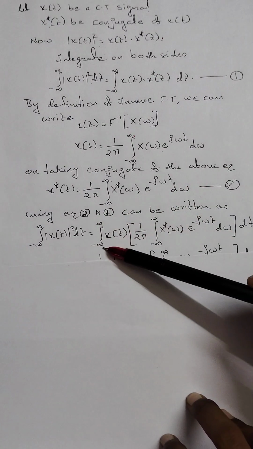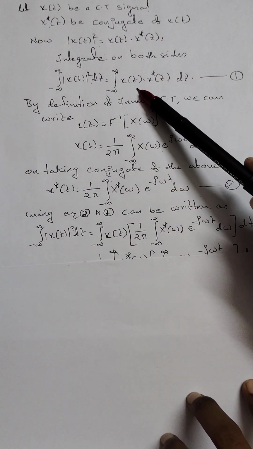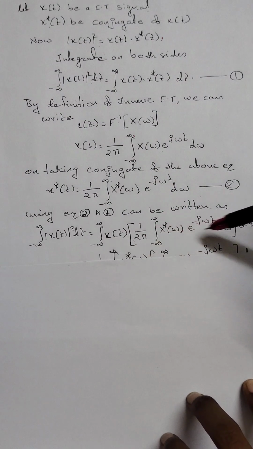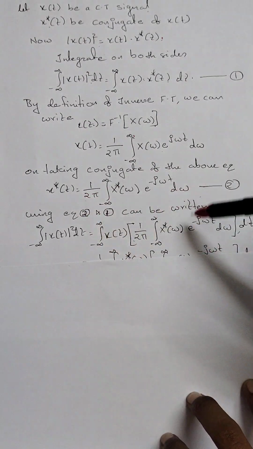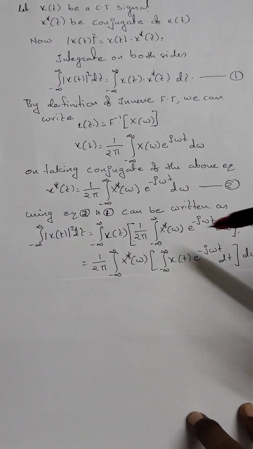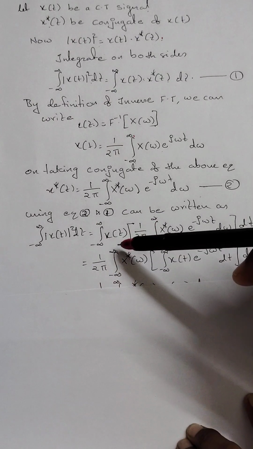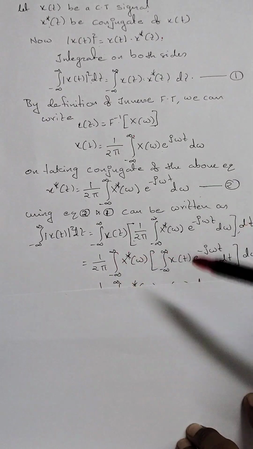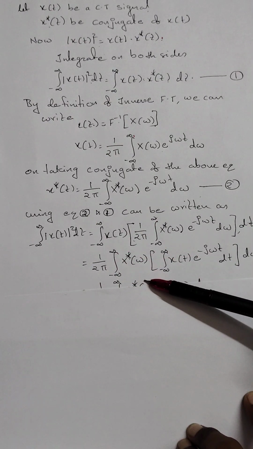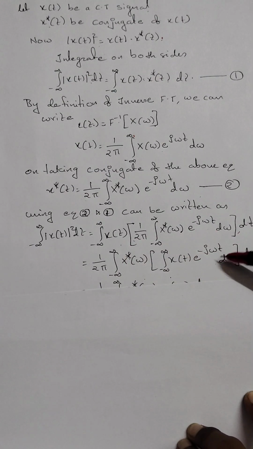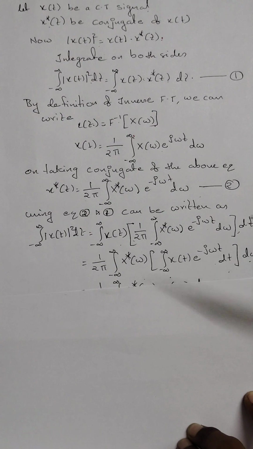So the integration from minus infinity to infinity of x(t) times the value of x*(t) dt. Now rearrange the terms. 1/2π is constant, then the integration from minus infinity to infinity of X*(ω) times the integration of x(t) e^(−jωt) dt, into dω.